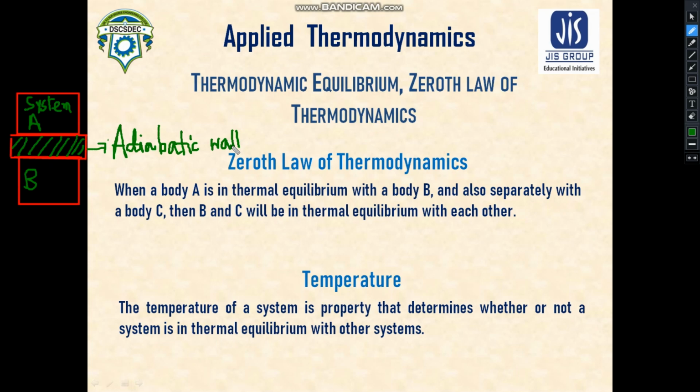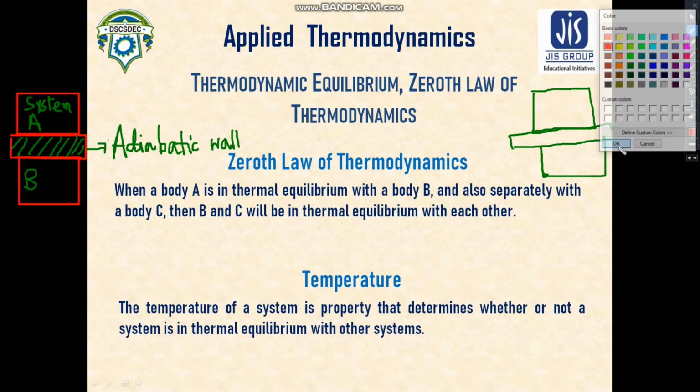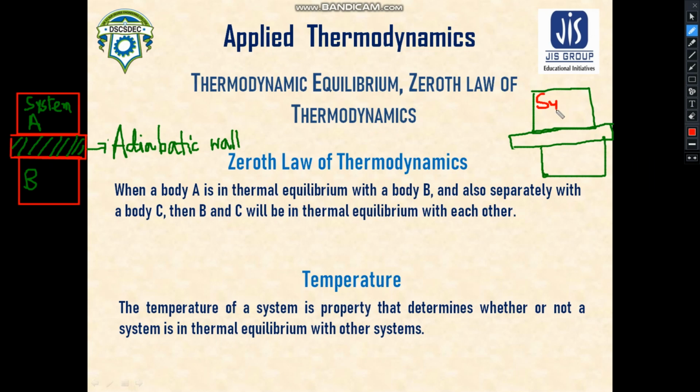Now let us consider that these same two systems are interacting with each other when there is a diathermic wall present between them. So in the first case we had an adiabatic wall, and in the second case we have a diathermic wall.